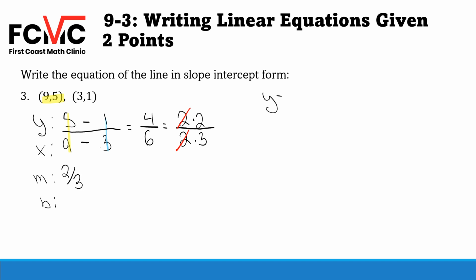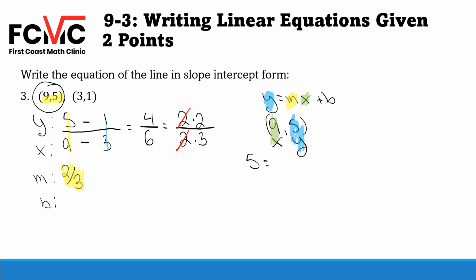So our equation, y equals mx plus b. So 2/3 is our slope. I'm going to use 9, 5 for my point. So that's going to be my 9 is going to be my x, 5 is going to be my y.